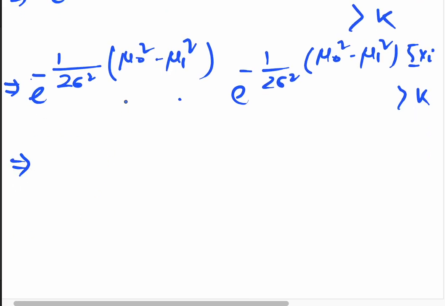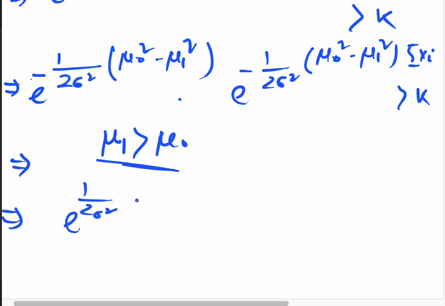If mu1 is greater than mu0, then since this is a constant, we can adjust this constant to the other side and get another constant.